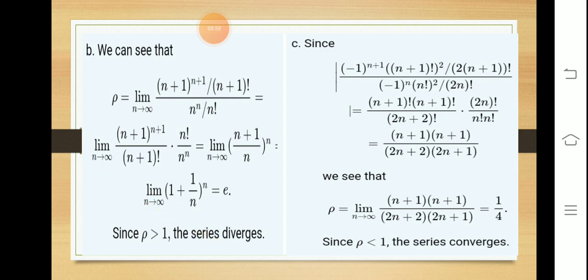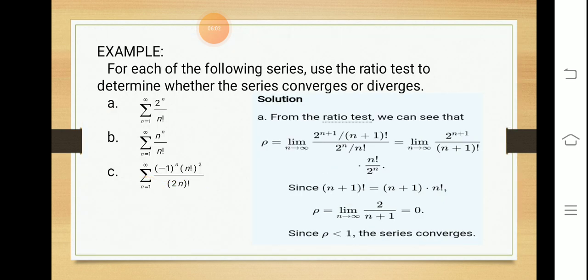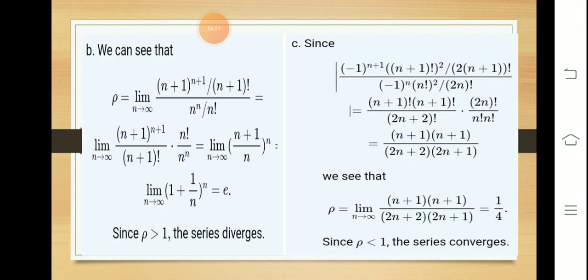So, the given example of C is the summation of n equals 1 to infinity of negative 1 to the power of n times n factorial squared over 2n factorial.